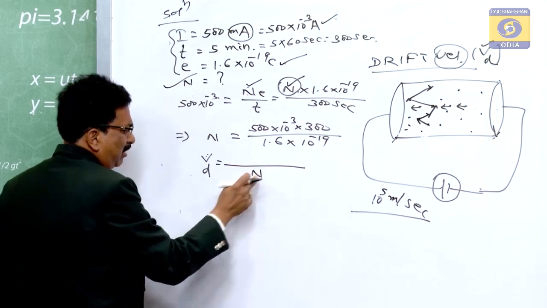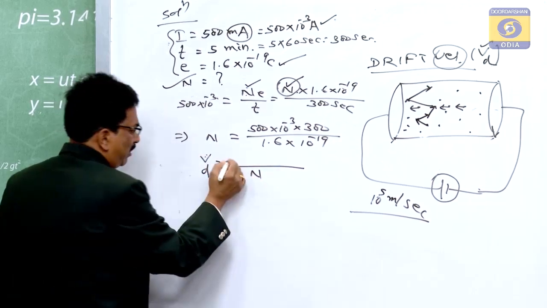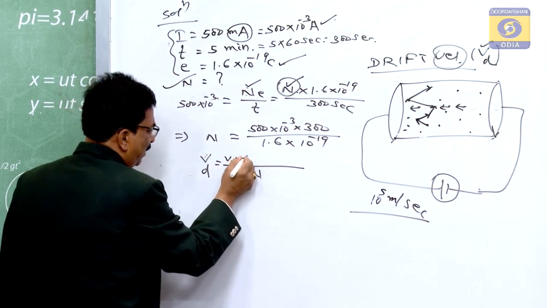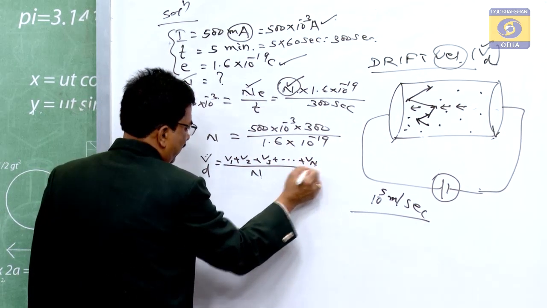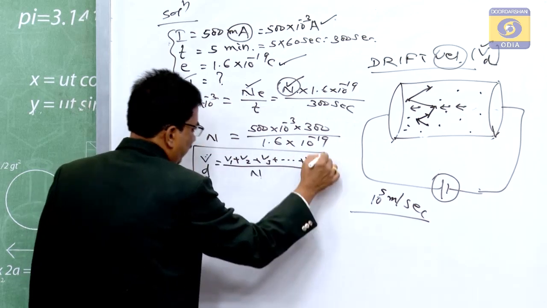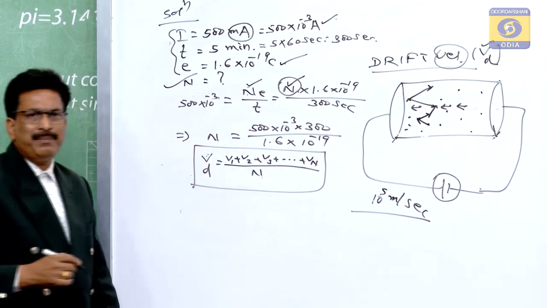If the number of electrons taken is n, the average will be V1 plus V2 plus V3 up to plus Vn divided by n.